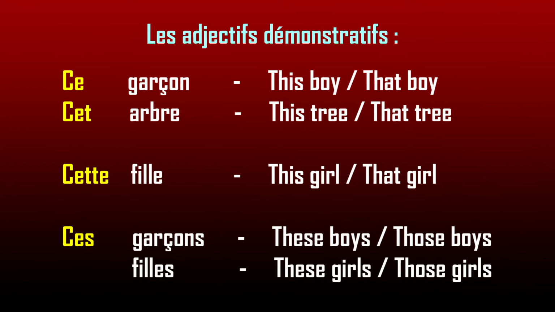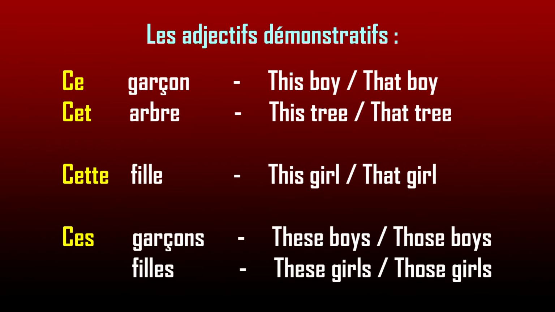We may have a doubt now about how to differentiate between this and that. When there are two boys, how do I say this boy is tall, that boy is short? How do I say these girls are thin, those girls are fat? Am I to use ce garçon for a noun which is near and far?